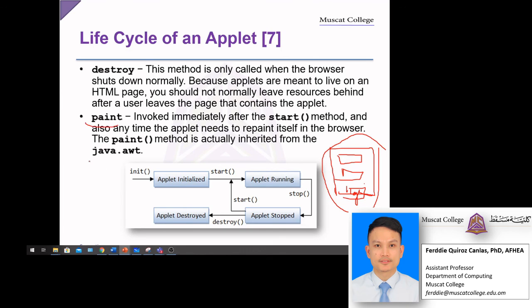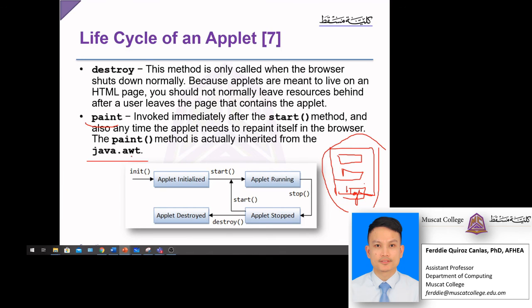And paint is actually part of Java AWT, the Java Abstract Windowing Toolkit. It provides you a window. It's like a form, the one you design in Visual Studio. Do you remember in C#? You design text boxes, buttons, and so on. That is provided by the library java.awt, the Abstract Windowing Toolkit.